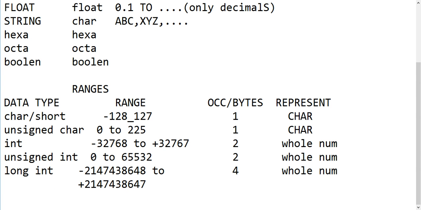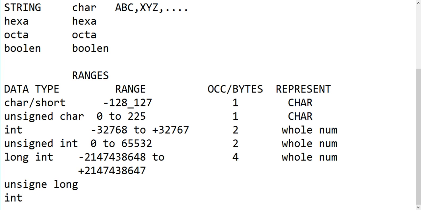Now, the unsigned long integer. It is from 0 to plus 4294967295.